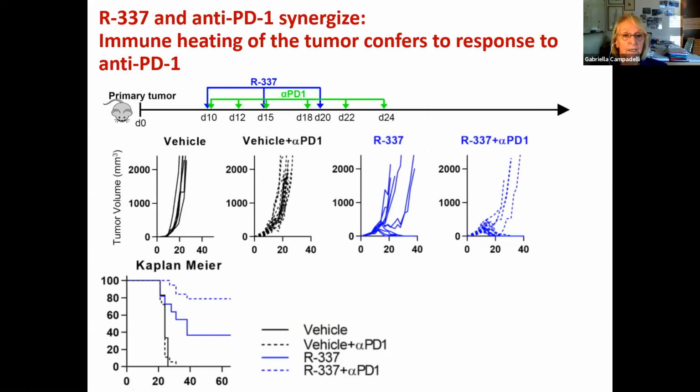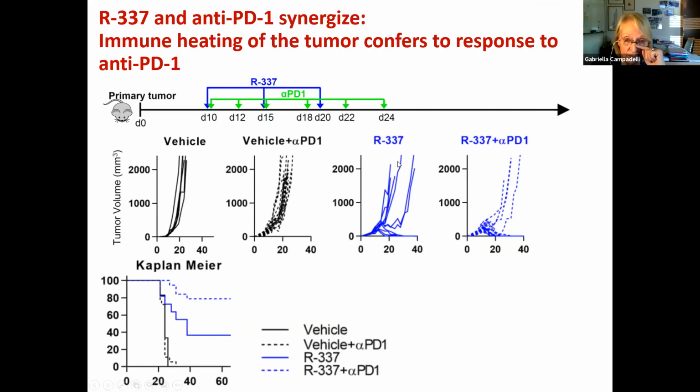Yes. You can see that this is a tumor treated with the anti-PD-1, with the checkpoint inhibitor. You can see that the checkpoint inhibitor as a monotherapy does nothing. So this is the example of a tumor which really is resistant to checkpoint inhibitors.